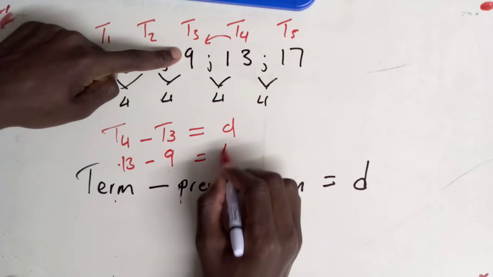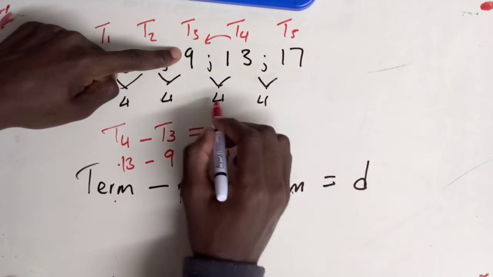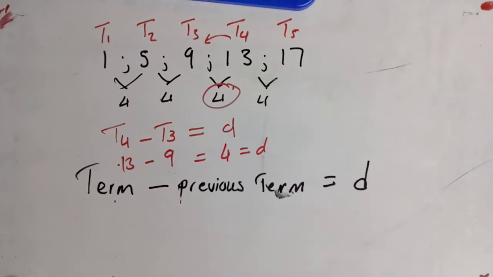That gives us 4, which gives us D. And it's true. Now, let's continue. It looks like we are coming up with some mathematical formulas.